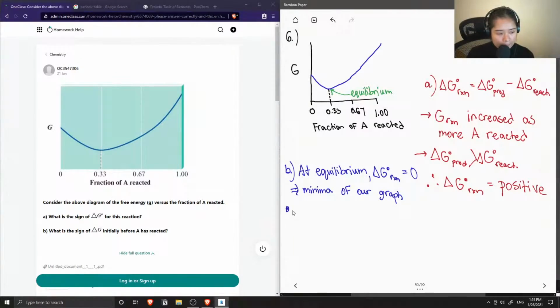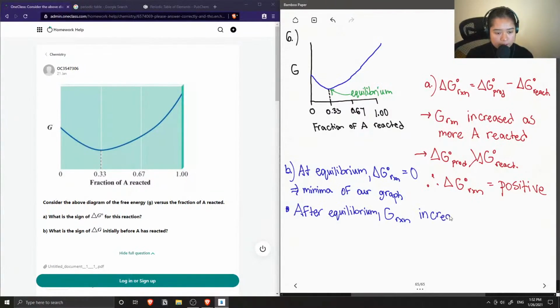So after equilibrium, our free energy of the reaction increases.